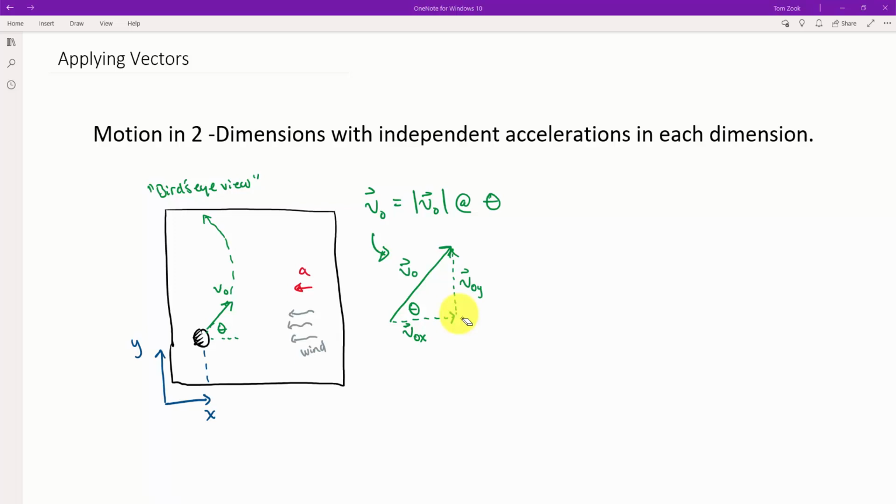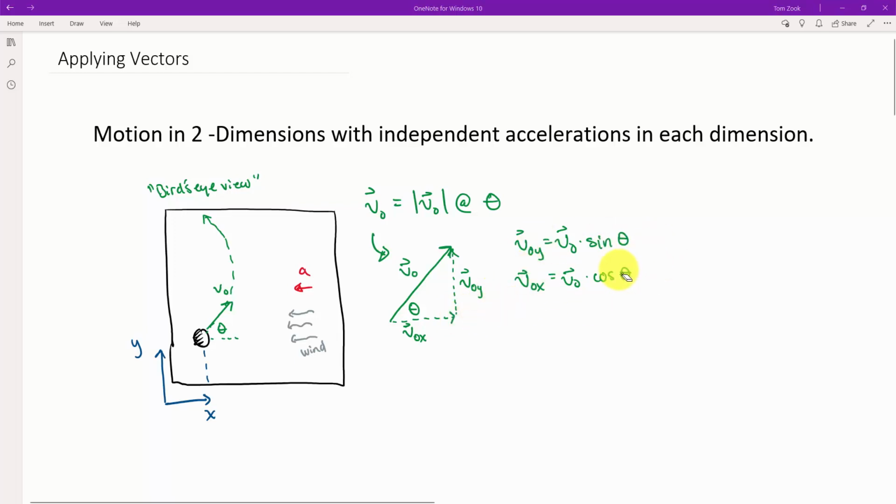And we can just follow basic trigonometry to figure out what these are. So VOY is going to be VO multiplied by the sine of the angle theta, and VOX is going to be VO times the cosine of the angle theta. We can calculate what those are, and we could use those for number crunching or whatever needed to do.